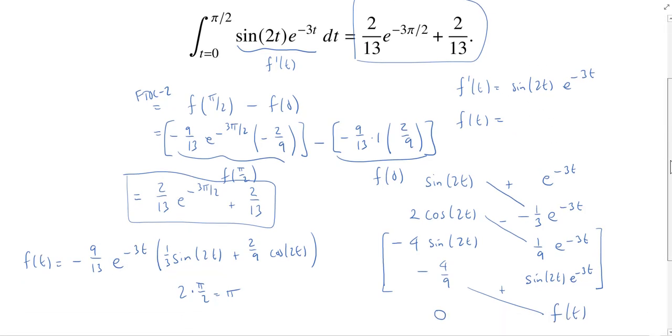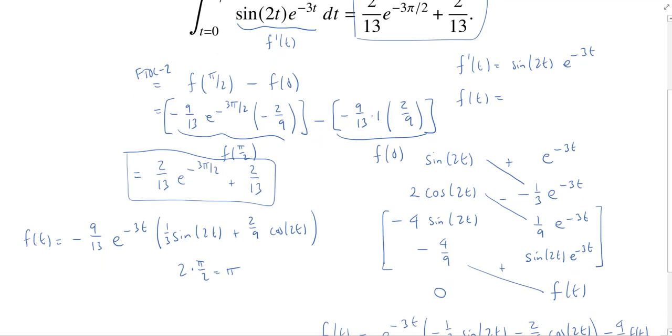We can use the tabular method, and as is common when you have a trig function and an exponential, you end up using the so-called I trick, where you end up solving an equation for f. You just basically do integration by parts until you get f again.